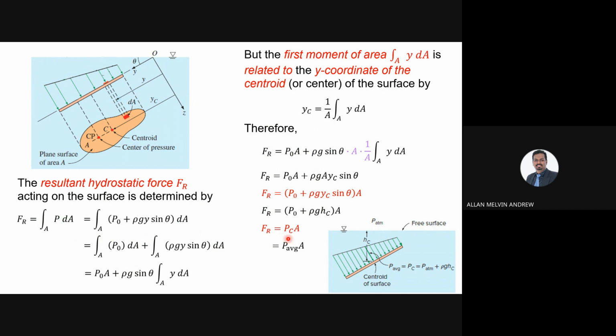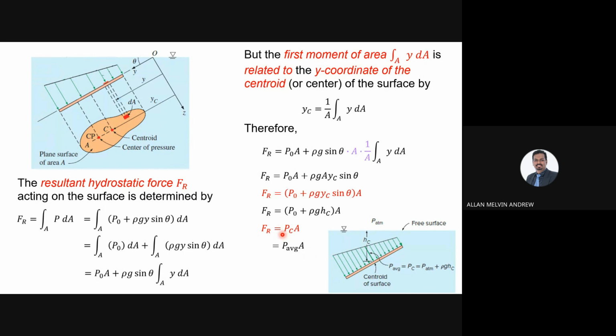It is PC, the pressure at the centroid, times the area, or the average pressure times the area. So this is the formula that we usually use in our calculation.